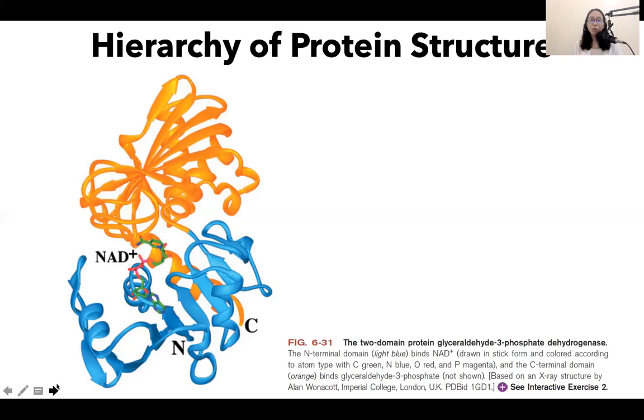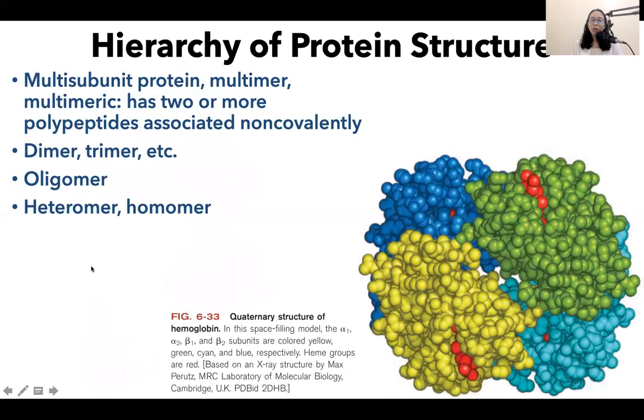Now let's go to quaternary structure. When we say quaternary structure, we are talking about multi-subunit proteins. One subunit is one polypeptide chain. So, in proteins displaying quaternary structure, you have more than one polypeptide chain comprising its structure. A classical example is hemoglobin.